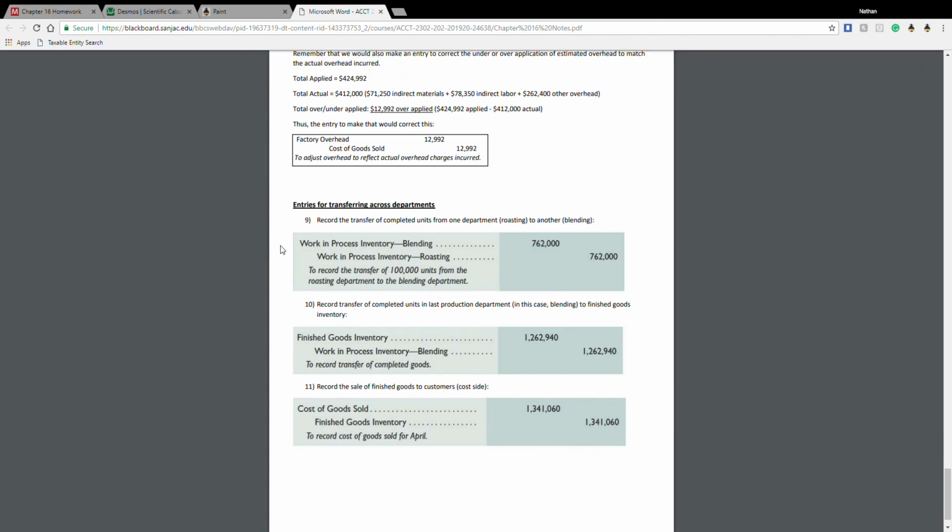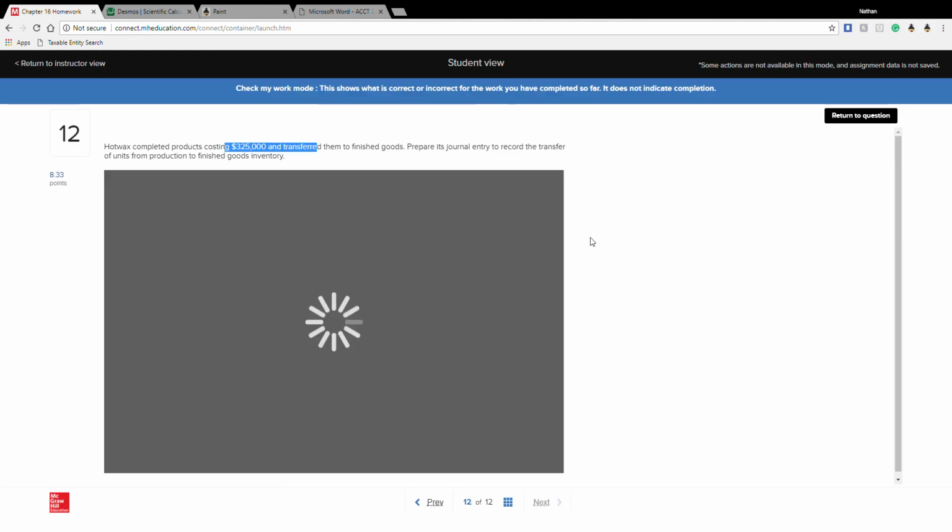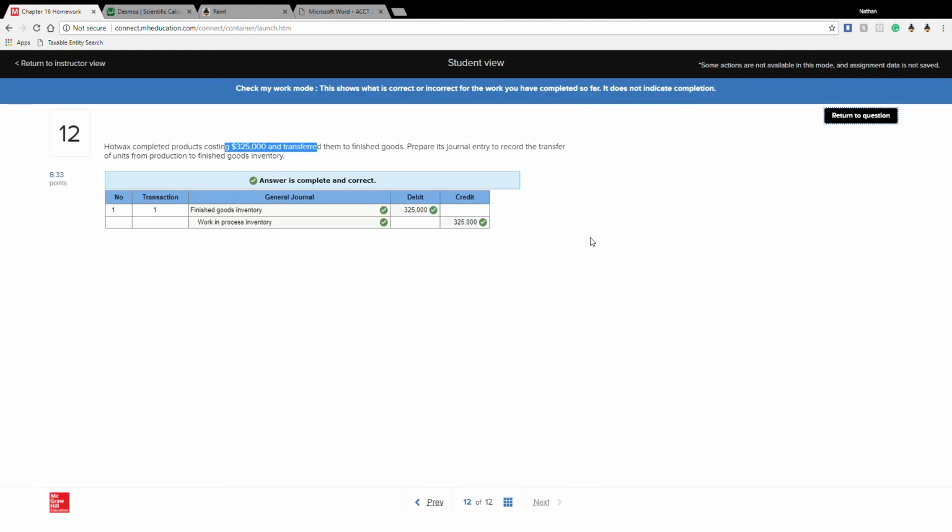Again, if it starts in blending, it's got to go through roasting first, or it starts in roasting, it has to go through blending. We have to transfer the cost, and then it's only when we get to the last one in the department chain that we take it to finished goods. Here for the homework, it's already through that process. We're good to go. We hit check my work, and everything's done.